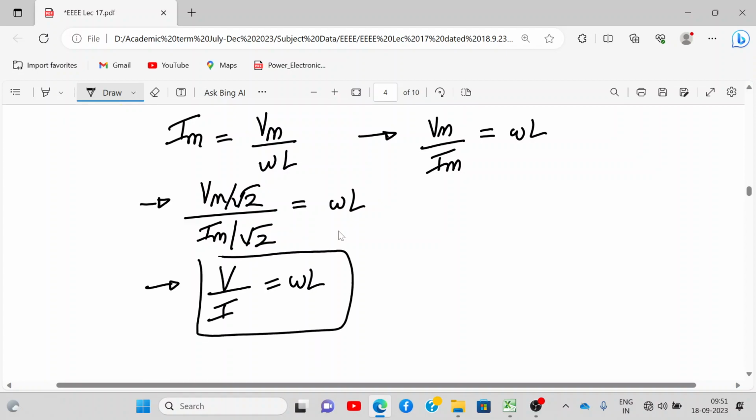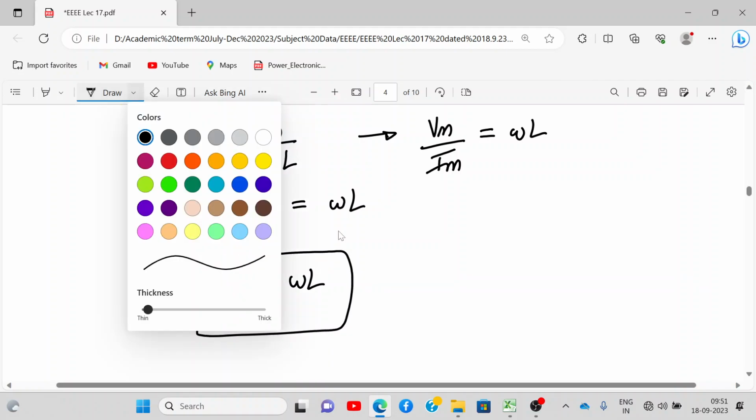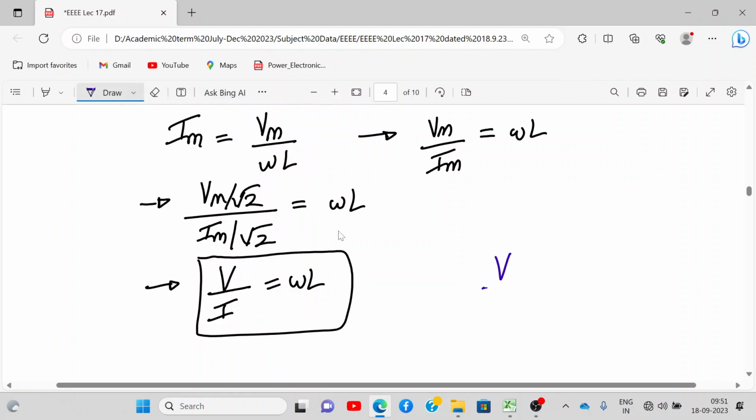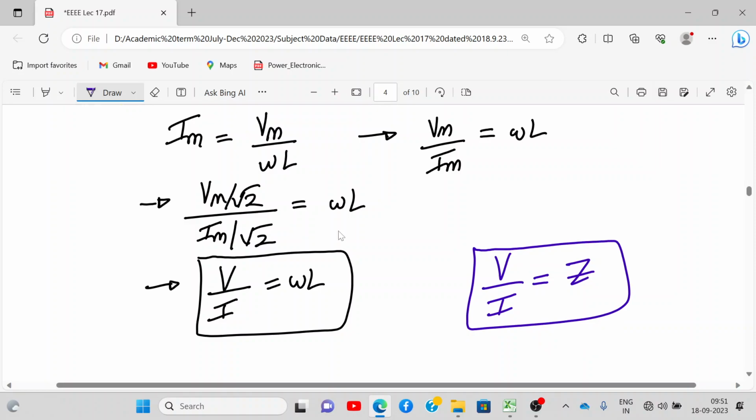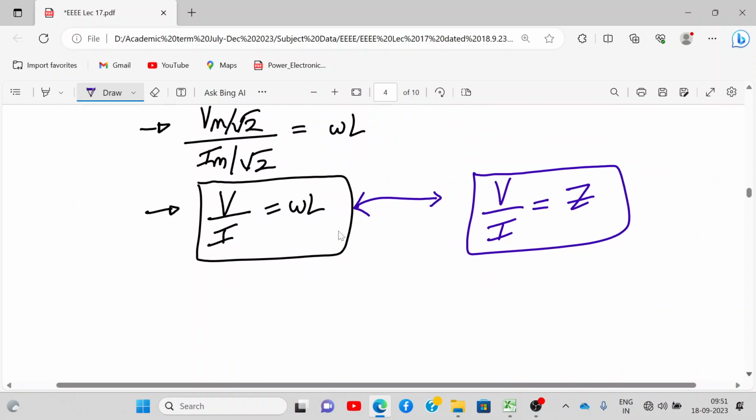And what is V upon I in an AC circuit called? Impedance. V upon I is called impedance, Z. So if I compare these two, what will be Z? Omega L ohms.